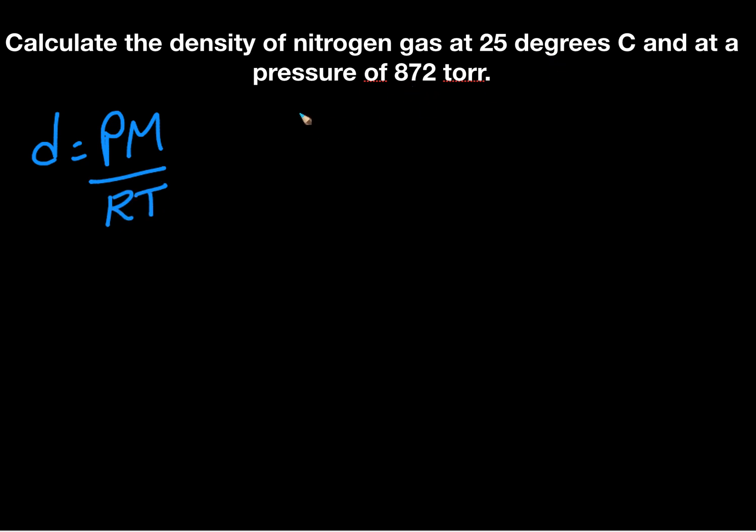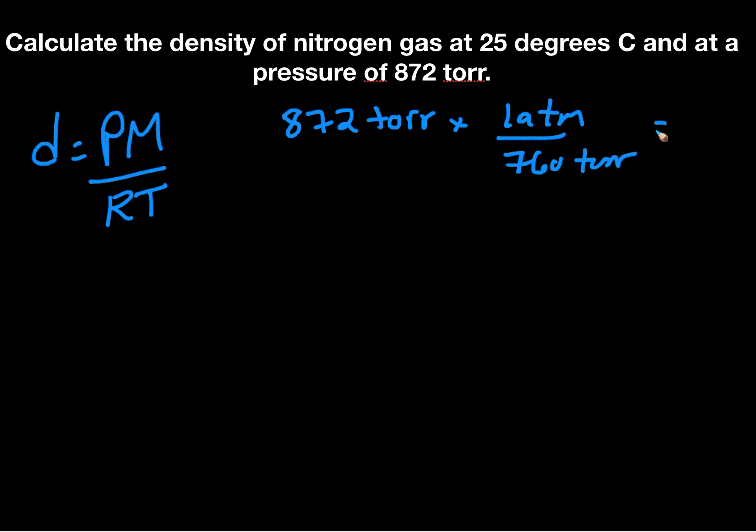It's at 872 torr. And I'm going to make it easy on ourselves. We're going to change those to atmospheres. So 872 torr times 1 atm all over 760 torr. So 872 divided by 760, and we get 1.15 atm.